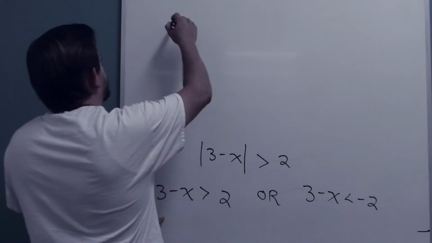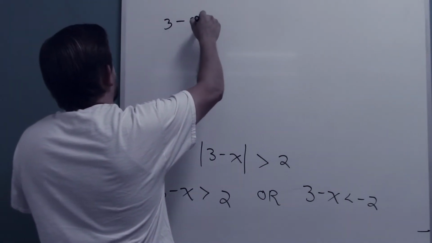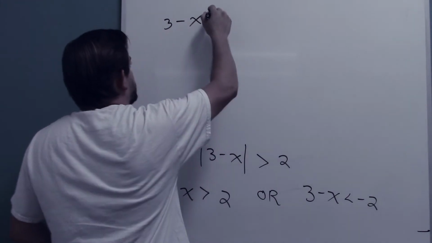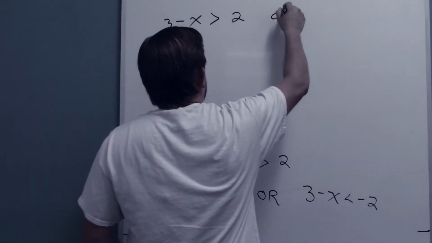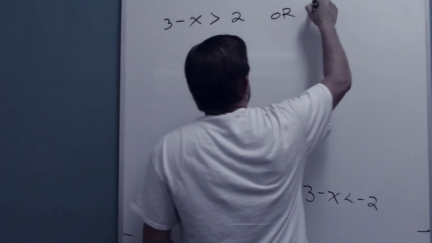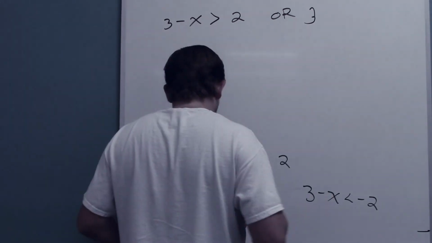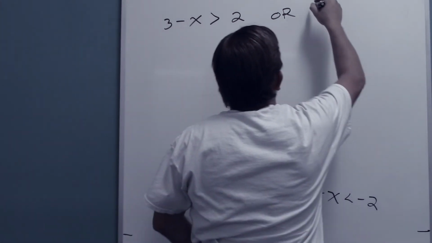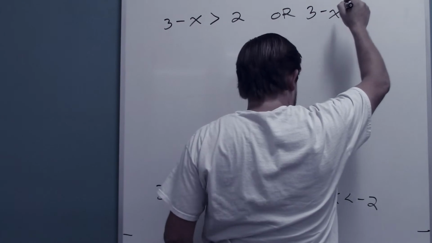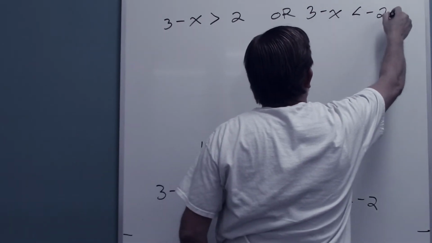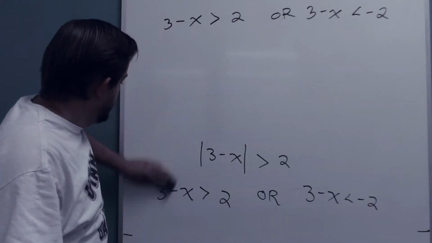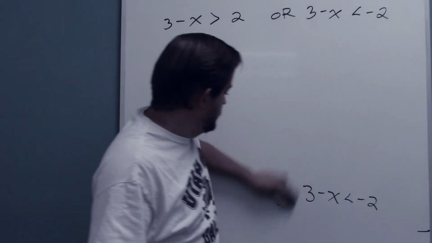I have 3 minus x is greater than 2, or 3 minus x, it's a funky looking 3, is less than -2. Okay. So that's what I have.